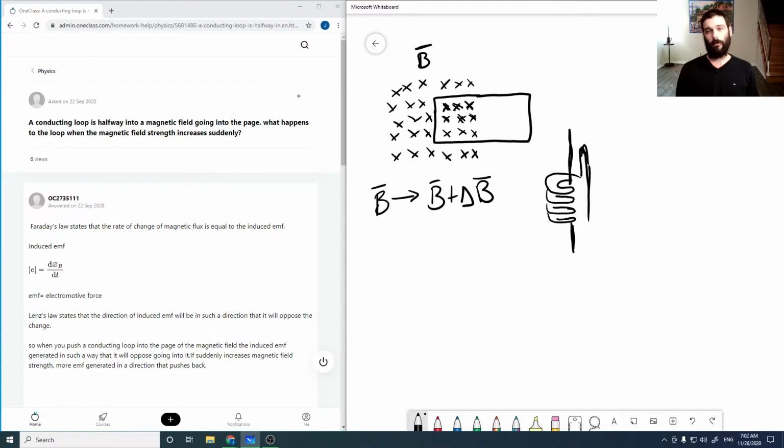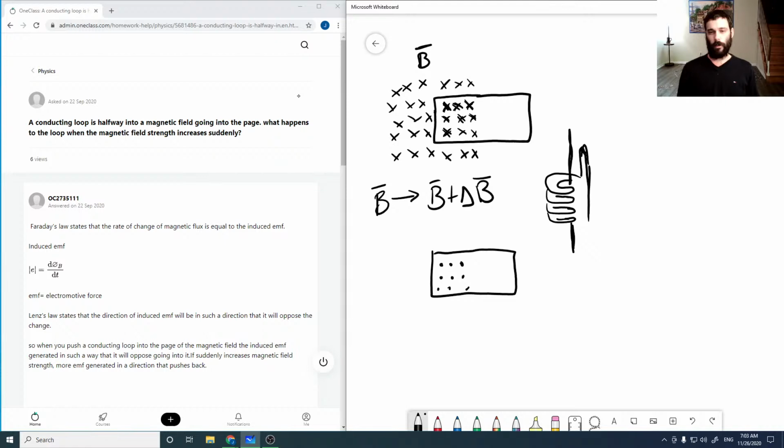Outside the loop, it's going to be sparse, and there's no way we're going to get opposition inside and outside the loop because it's circular. But inside the loop is where the biggest difference is going to happen. So that means that if we increase the B field going into the page, what we need is a B field from the loop which is out of the page. So we need the loop's B field, at least here, to be out of the page.